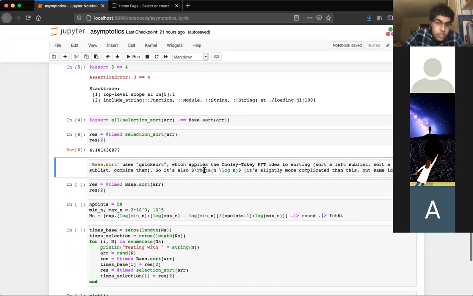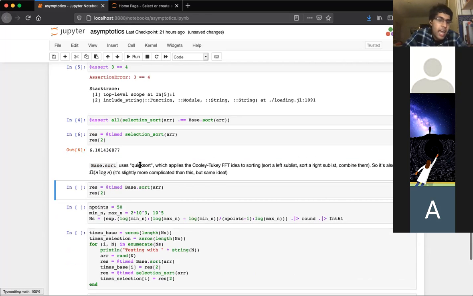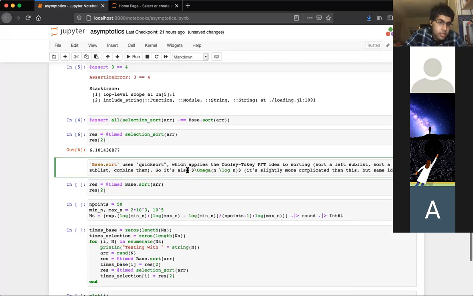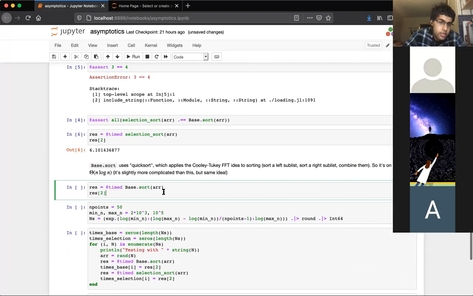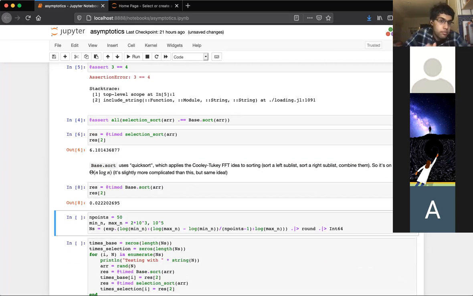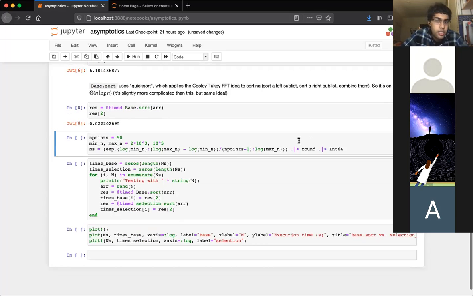But let's just say omega. But on average, theta n log n. Let's see how that does. Basically instant, same thing on the same array, but it took 0.02 seconds. So that's just a quick illustration of the amazing power of asymptotics.